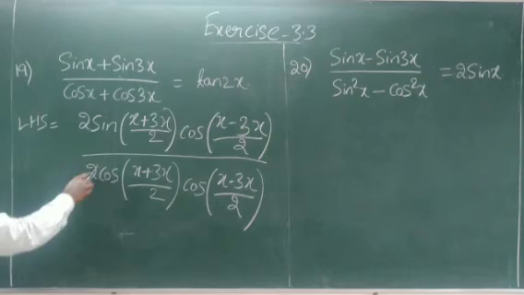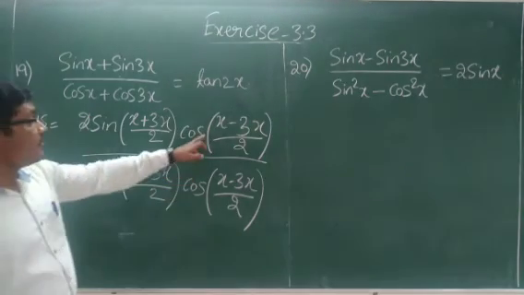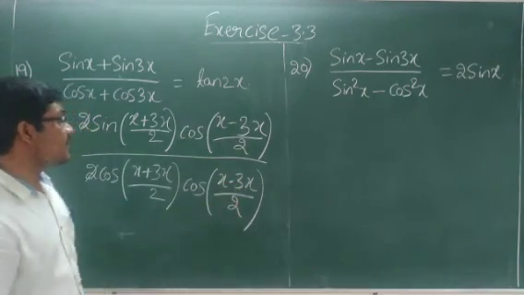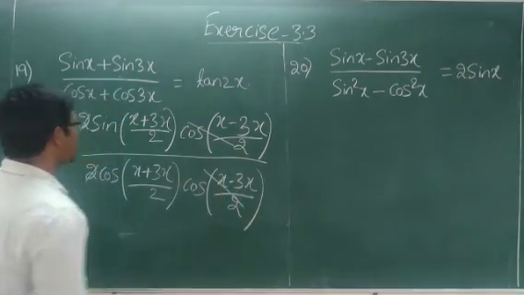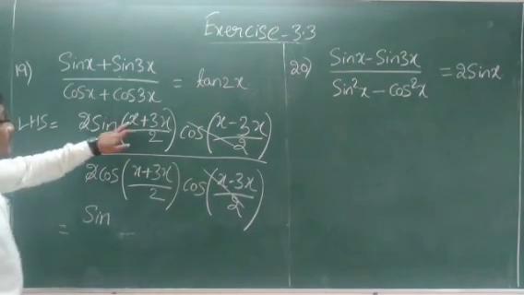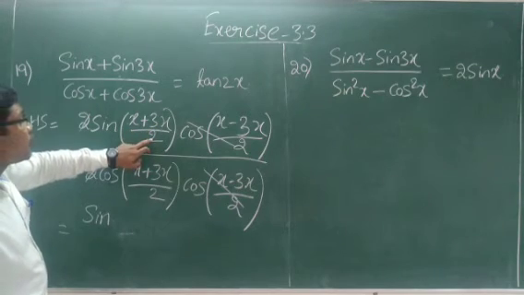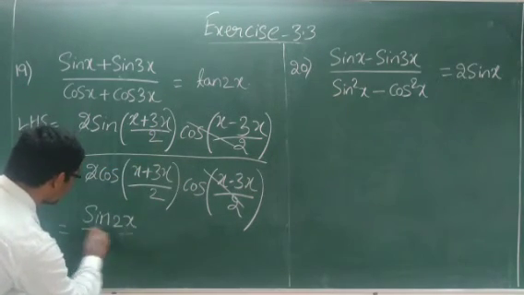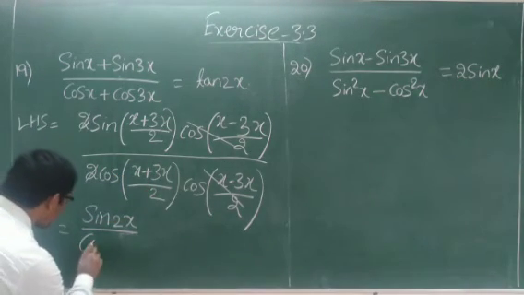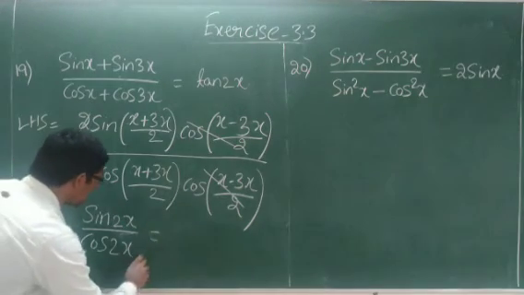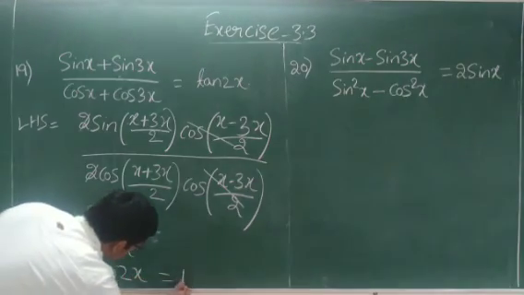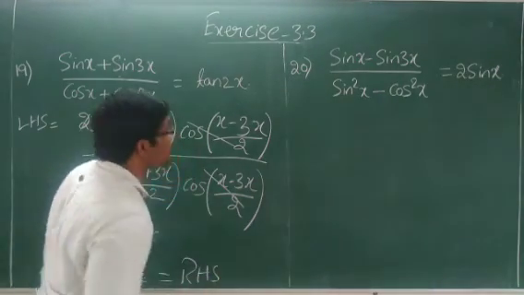See what all is similar? 2 we can cancel. Here we have the same cos of (x minus 3x) by 2 in both, so we can cancel. What is remaining now? Sin of (x plus 3x) by 2, 4x by 2, 2x, so sin 2x by, again 1 plus 3 is 4, 4 by 2 is 2, so cos 2x, which is equal to tan 2x, and that is our result RHS.